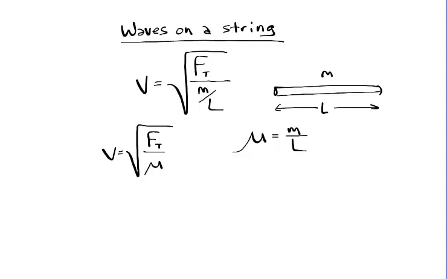And I think what you can see from this is that a greater tension will cause the waves to go faster. A more dense string, in other words, a heavier string, let's say we've got this string here and then we've got another string that for the same length has a lot more mass, you're going to get a slower wave speed for the big mass per length compared to the small mass per length. And it has to do with inertia.